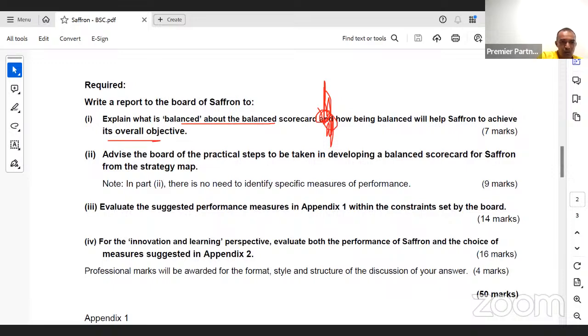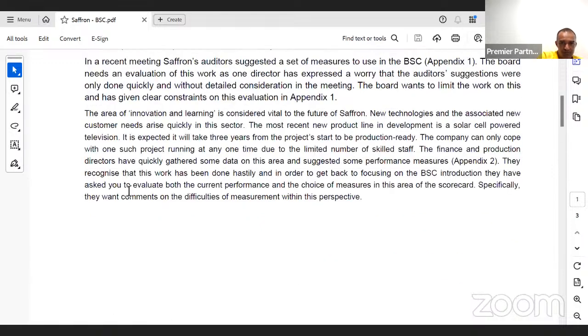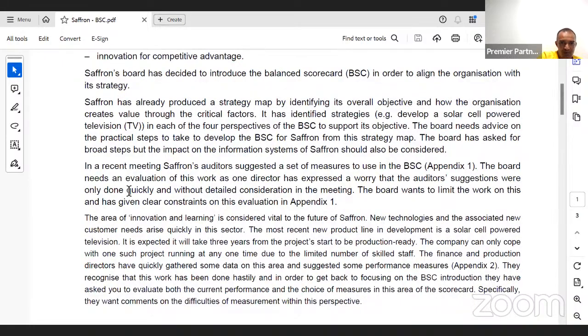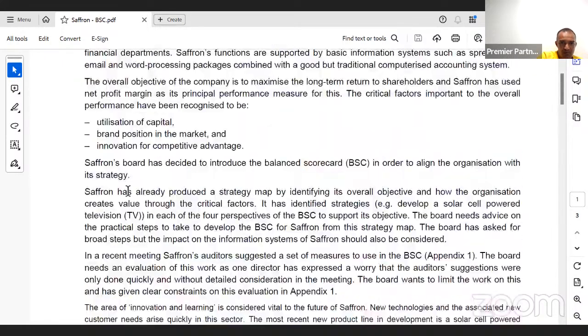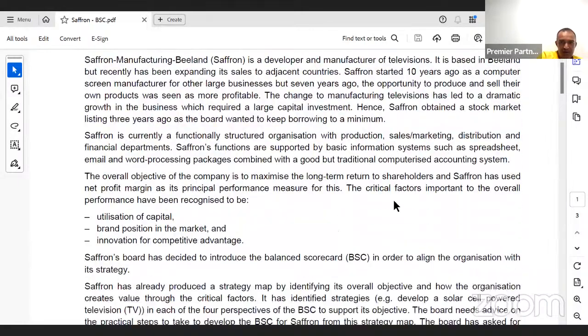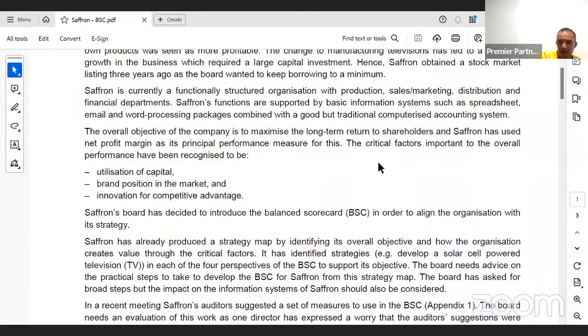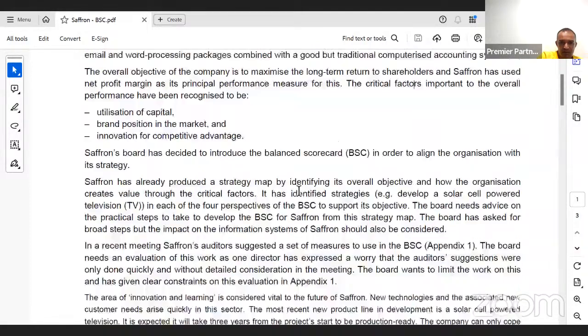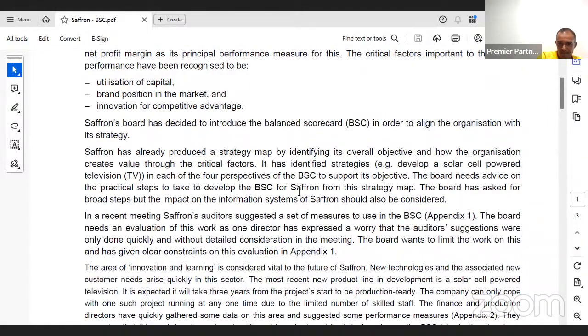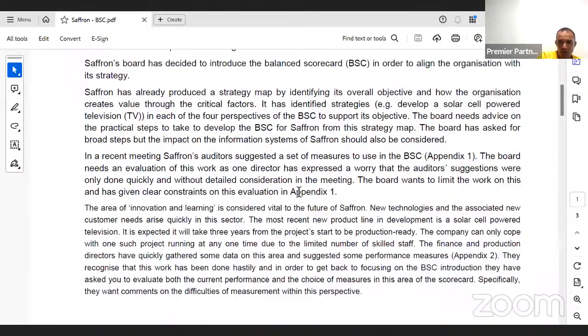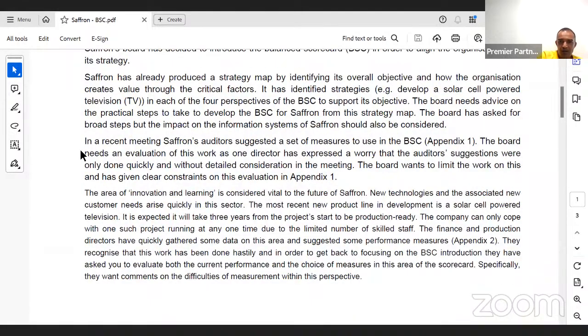Now we go back to the scenario. So they have given you their mission statement and critical success factors. Now look at this. Saffron has already produced a strategy map by identifying its overall objective and how the organization creates value through the critical factors.